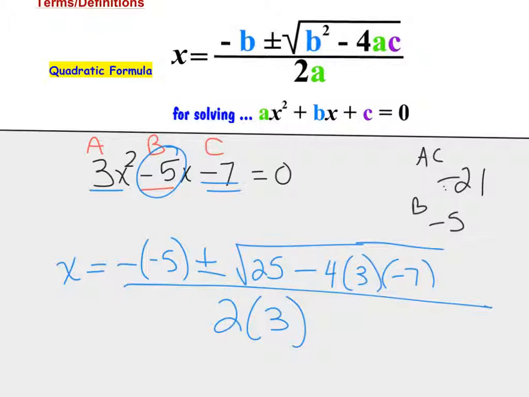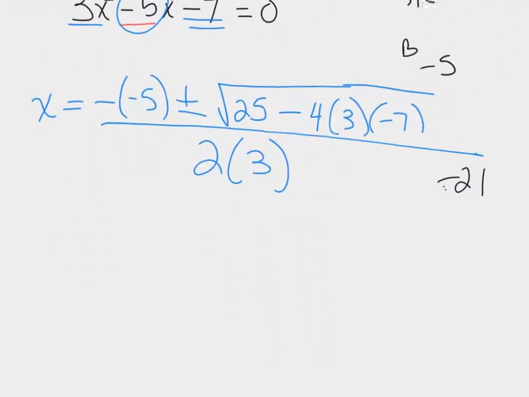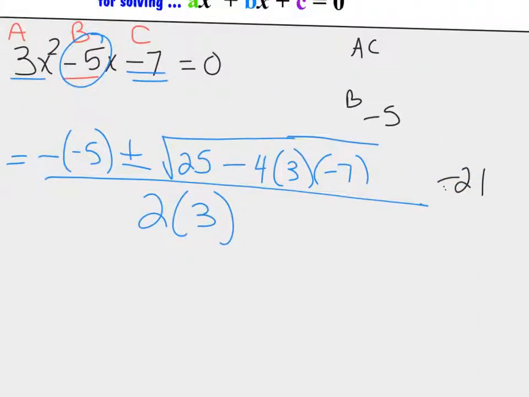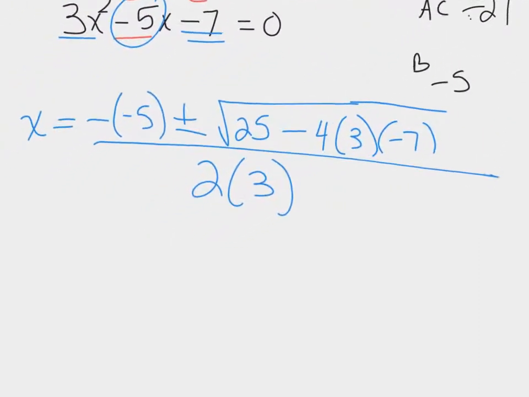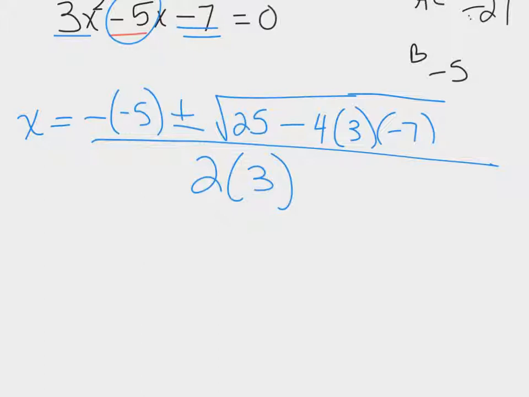Now, what I'm going to do is actually do the mathematics. It's just a math problem now, and I have a calculator, so I don't have that much to worry about. Please do not rely on your calculator for punching stuff in and it doing everything for you. You have to do the order of operations.